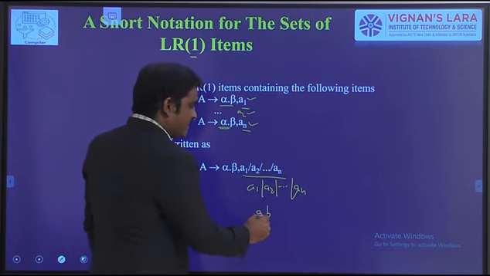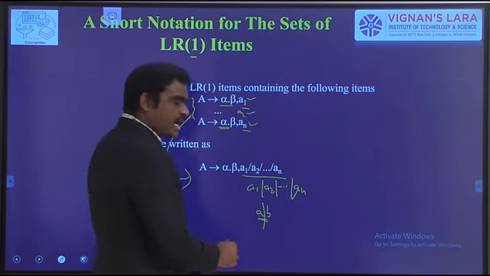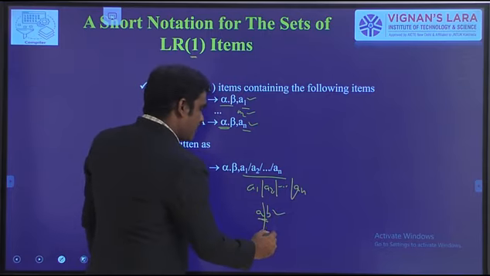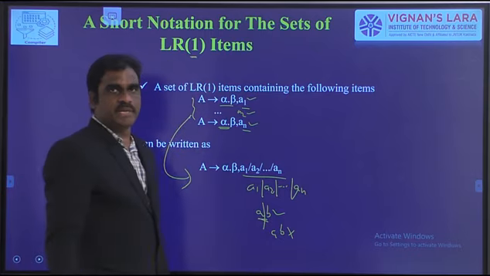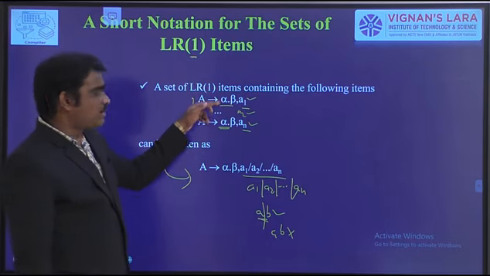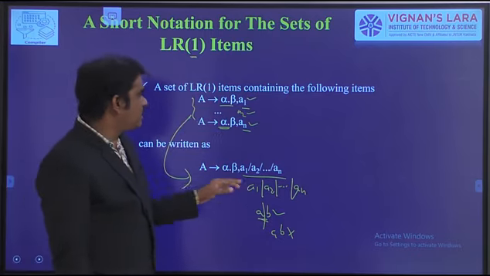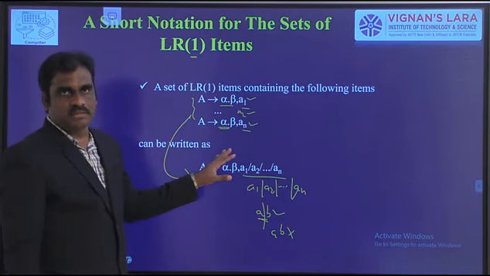It should not be AB, either A or B. AB is invalid. Whenever the first component is the same, we can merge those productions like this.